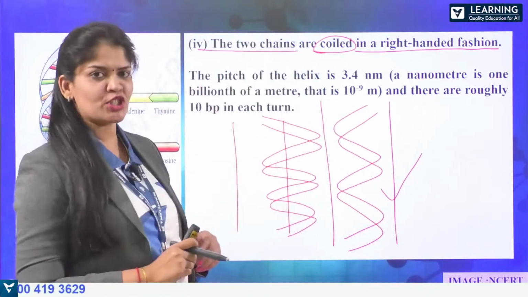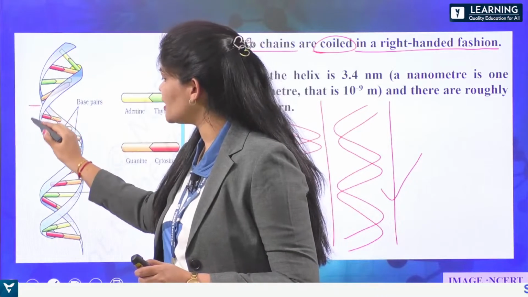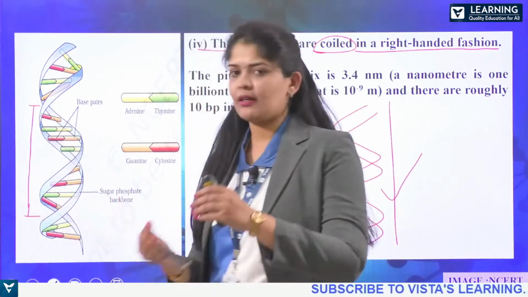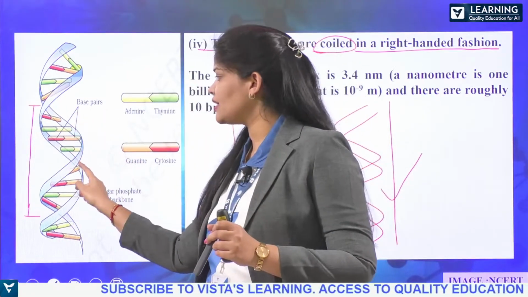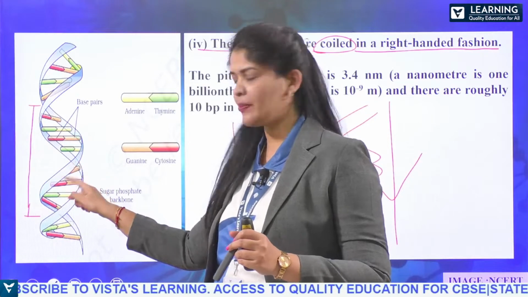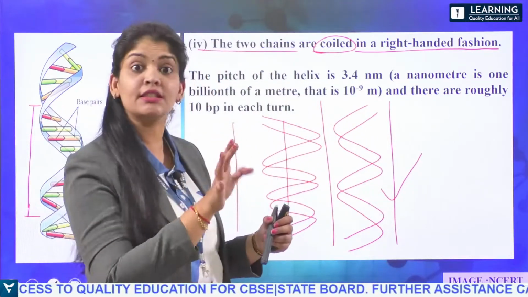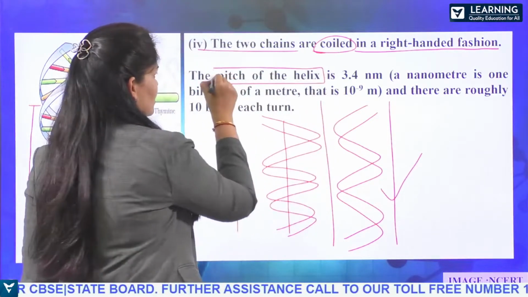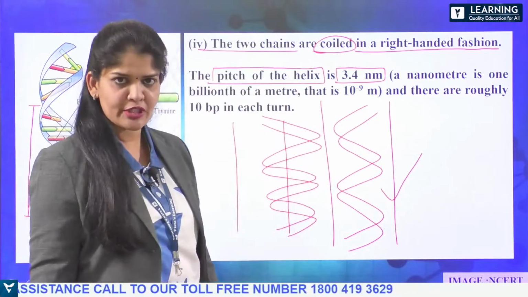Now, the pitch is here, one turn from here to here. See, this is one turn. Here it takes one turn, and here is a twist, a coil, and from here to here we consider it as one pitch, one turn. So the pitch of the helix is, this is important, 3.4 nanometers.